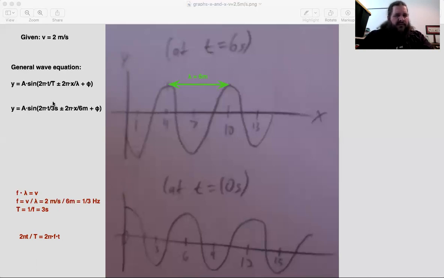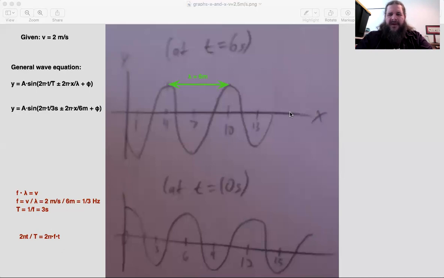So it looks like we know the period, we know the wavelength. We're still missing the phase shift, the little phi constant, which we would usually find as a very last step. And we still need to find the direction of travel also to figure out the plus or minus. So for direction of travel, if we had an x graph and a t graph, we'd be looking for a point in common. One point on the x graph and one point on the t graph that have the same coordinates.